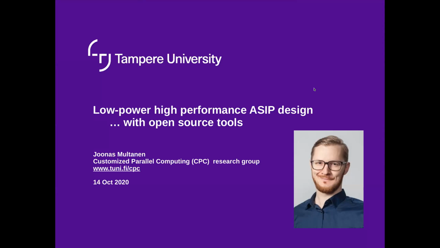So I'm Joonas Multanen. I'm also a doctoral researcher at Tampere University, and I'm a member of the Customized Parallel Computing Group. My topic for today is low power, high performance ASIP design with open source tools.